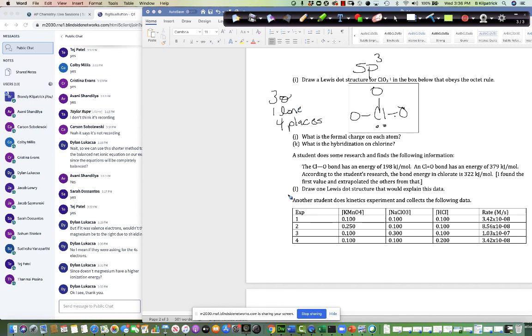All right, so the next question, hope you didn't think about this too deeply. It says draw a Lewis structure that would explain why the bond energy in chlorate is actually closer to 322 instead of 198 or 379, which is the double bond. Well, you could have drawn this. You still have a lone pair there, okay?